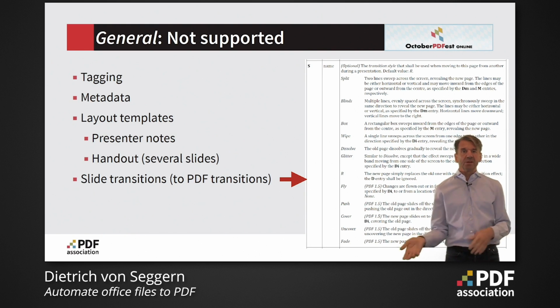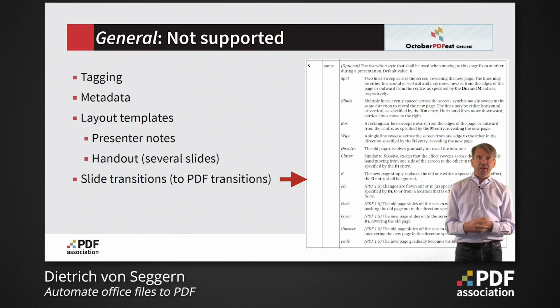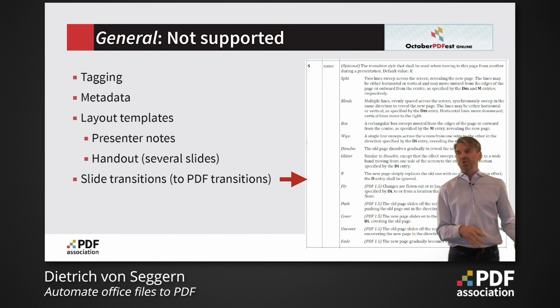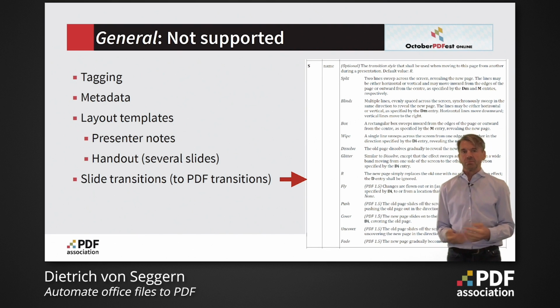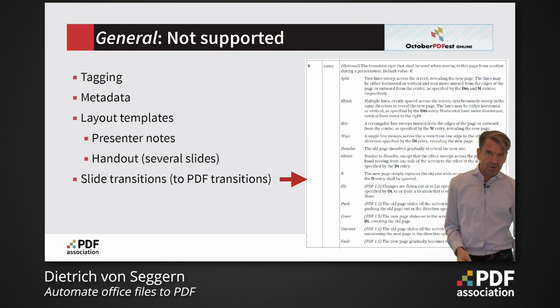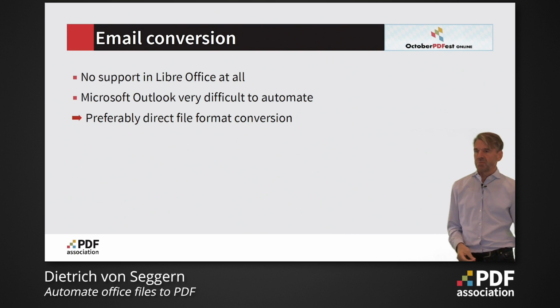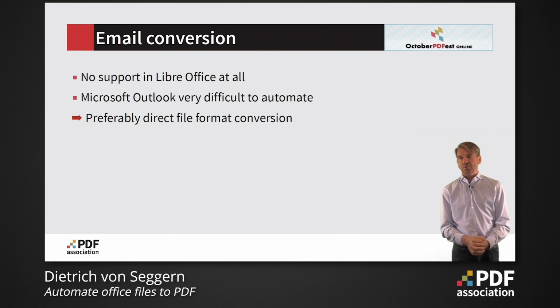In PDF, in theory, you can have slide transitions, but it's impossible to convert that from, let's say, PowerPoint to PDF. But from my point of view, these are more side notes, just something you might want to remember.